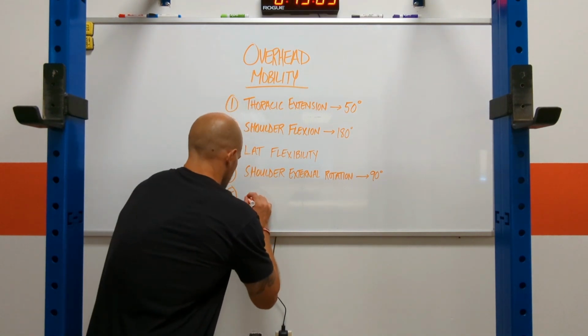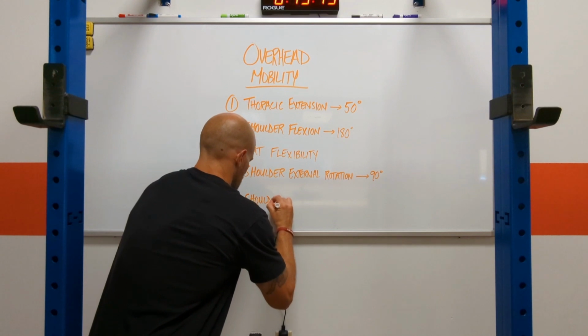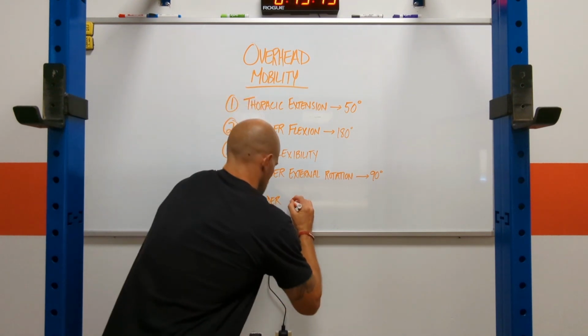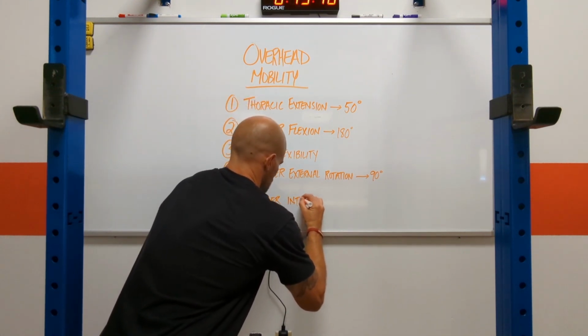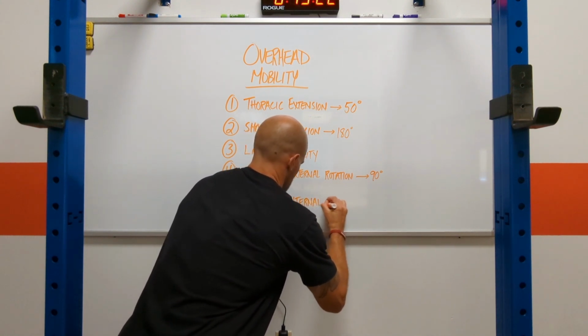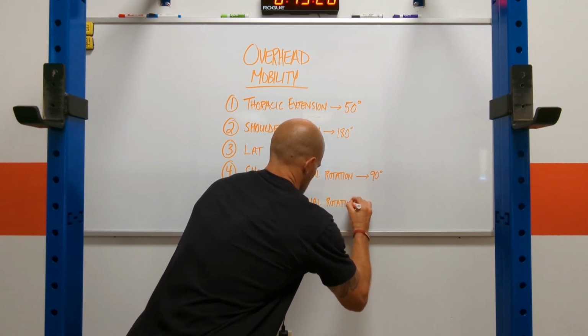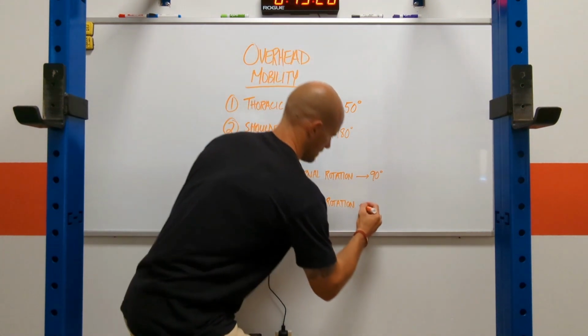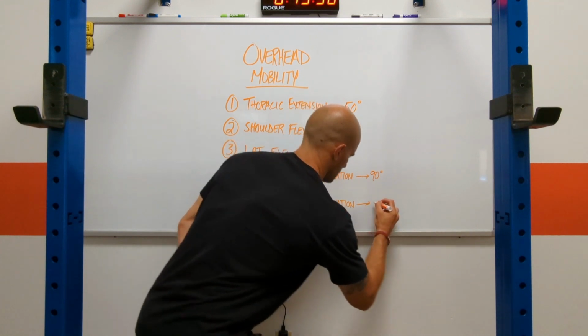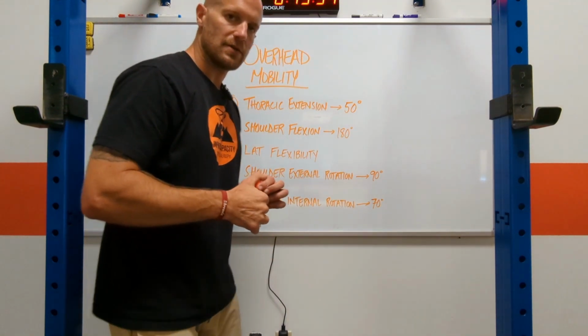And then component number 5 is shoulder internal rotation. And there, we want about 70 degrees.